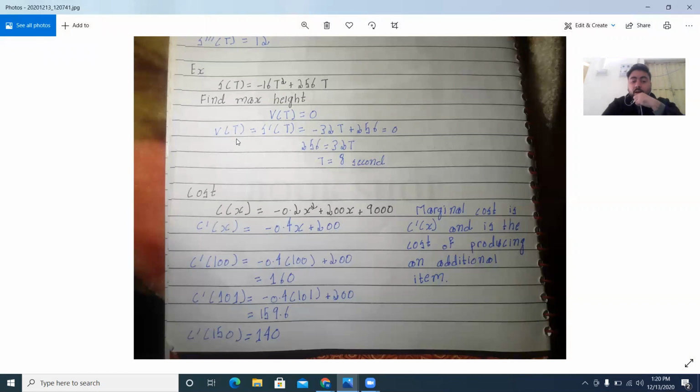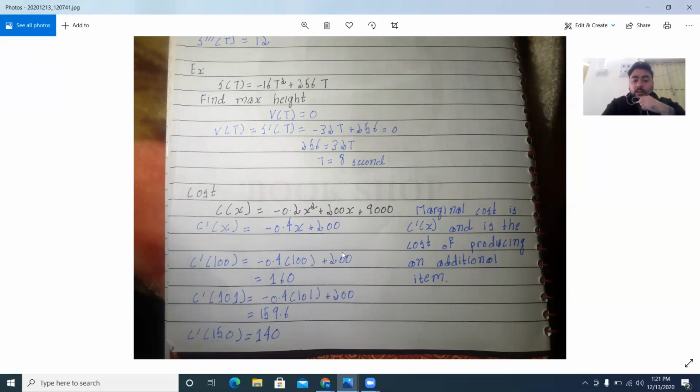When we solve this, we get that at time equal to 8 seconds, it will reach its maximum height. Then we put t equal to 8 seconds into the initial equation, not this equation, because if we put it in this one we will just get 0 again. Then we get the maximum height. So as we can see, the application of derivative is also being used here.